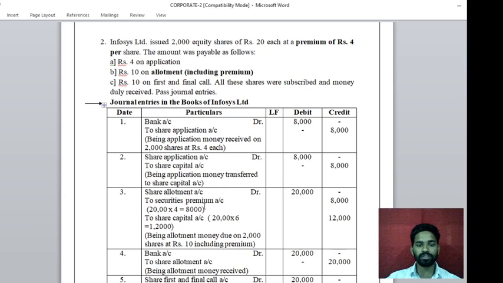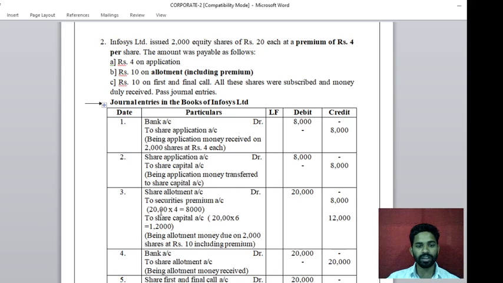Securities premium account means whatever premium is received on the issue of shares at premium, it is a capital profit, and it is recorded in a separate account, which is the securities premium account. How many rupees of premium are included in this 10 rupees? Rupees 4, included in the allotment.